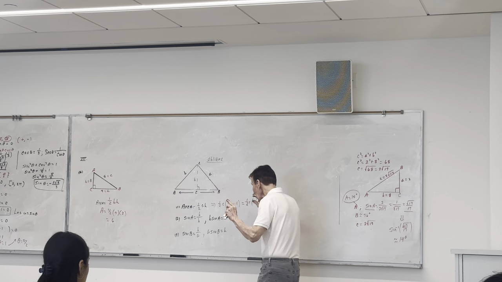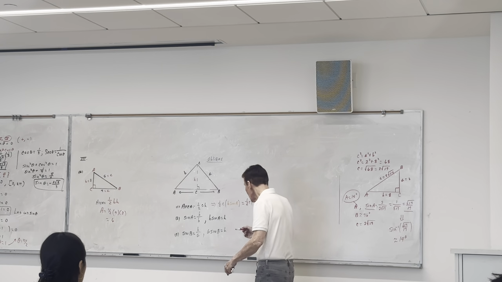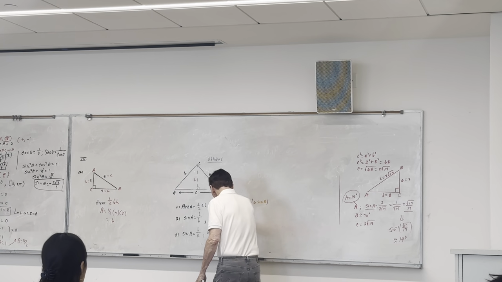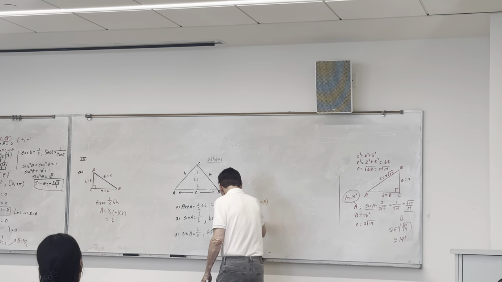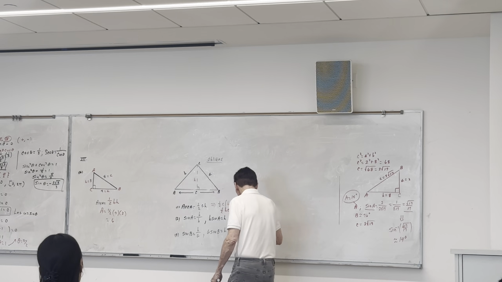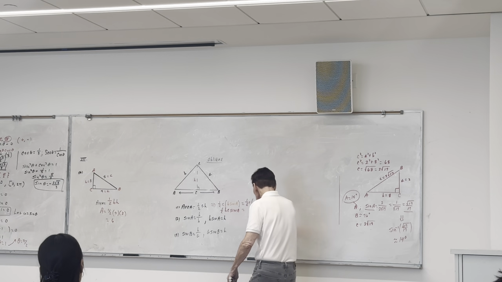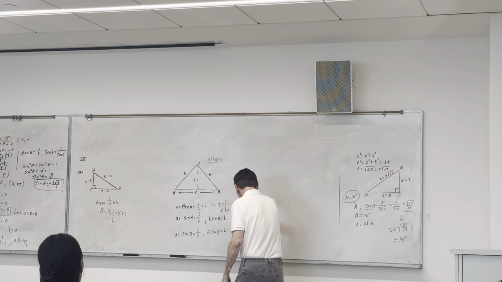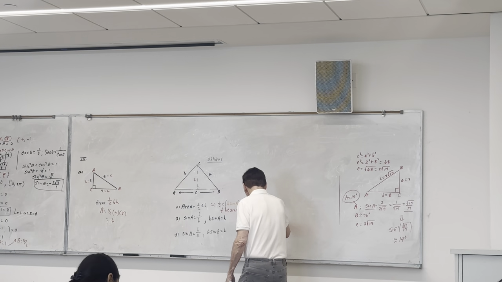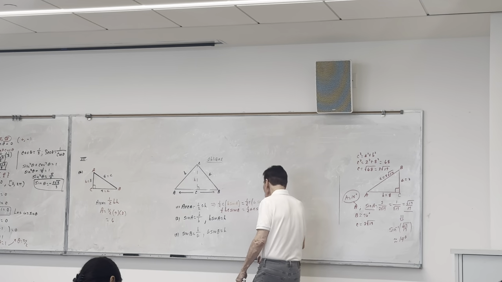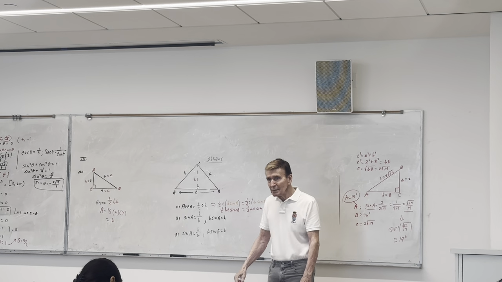So right now, guys, at this point, we have 1/2 BC sine A. The other one, with the other H replacement, is 1/2 AC sine B. Do we agree?